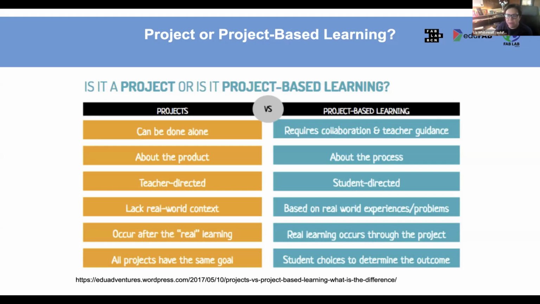And then, of course, if it's a project, all projects will have some similarities and look similar at the end. They'll have the same goal. When you say to your class, today we're going to make a shadow box, everybody will be making a shadow box. That's a project. But if you say to your class, let's reflect how elephants live in the wild and what their environment is like, they could make a project.